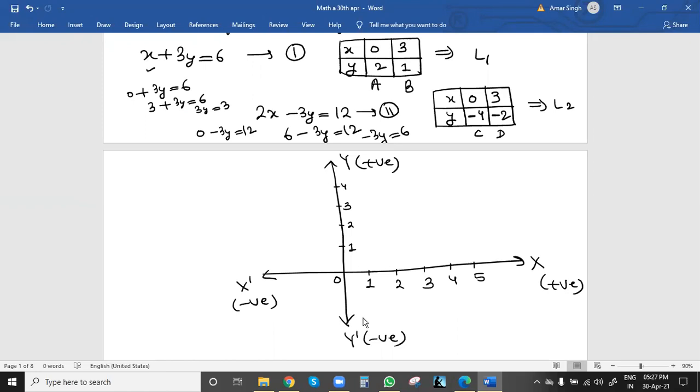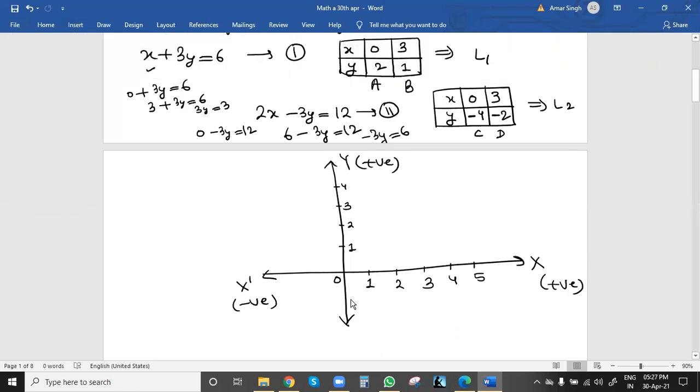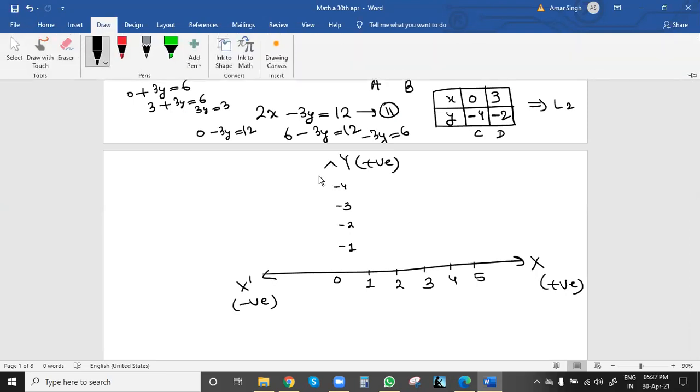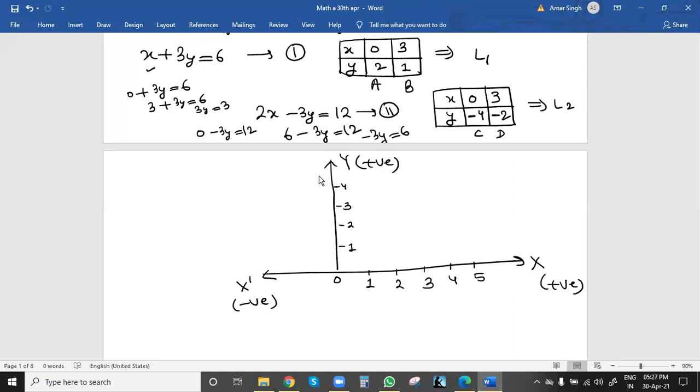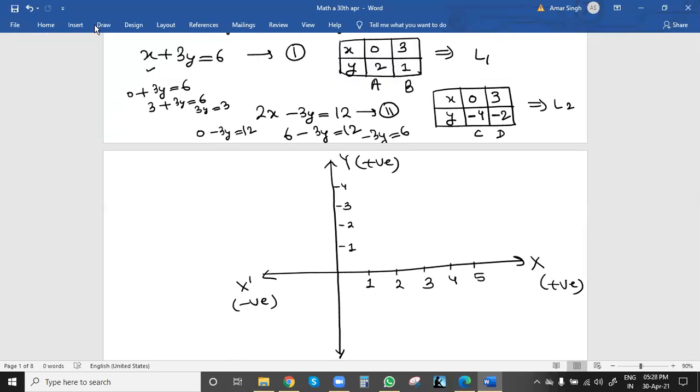So in negative also up to minus 4 you have to take. So it will be 0, then minus 1, minus 2, minus 3, and minus 4. These are the 4 points in negative side.